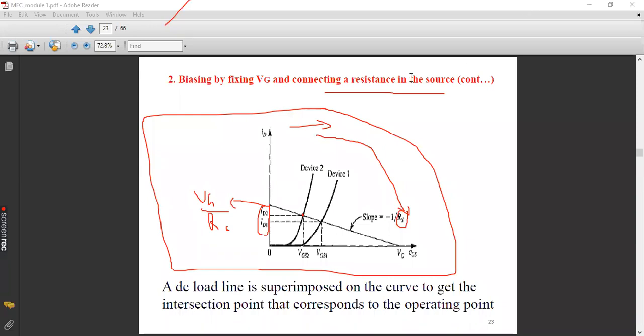So Rs is actually determining the effect on ID, or variations on ID. To show that effect, we have drawn this particular graph along with the DC load line and the two curves. Any doubts, students?